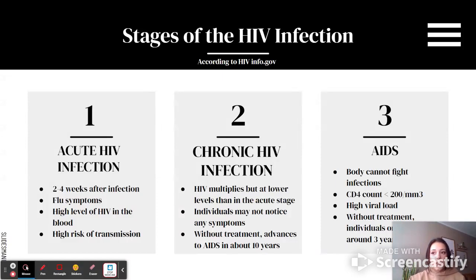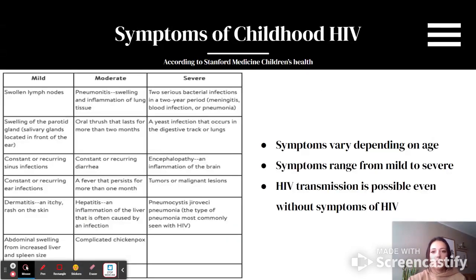After an individual is diagnosed with AIDS, the body is no longer able to fight off infections or certain cancers. Individuals with AIDS have a CD4 count of less than 200 cells per cubic millimeter. And without treatment, individuals who are diagnosed with AIDS, on average, only live about 3 years post-diagnosis.